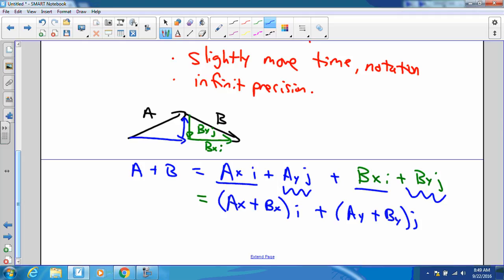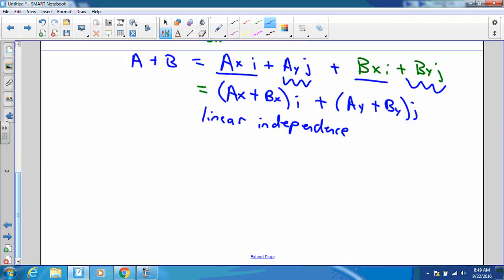We call this the linear independence of our dimensions, or unit vectors i, j, and k. And it leads us to a slogan that you may remember from last year: what happens in the x stays in the x.